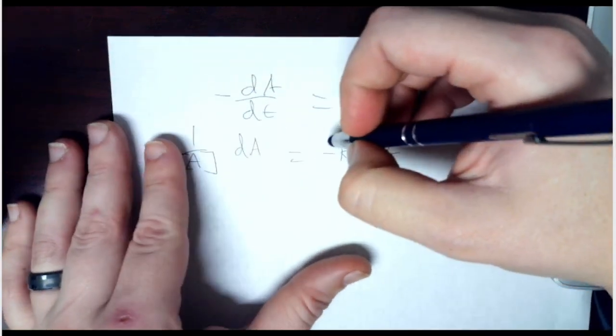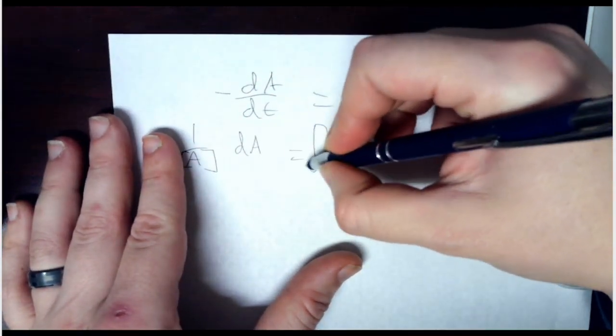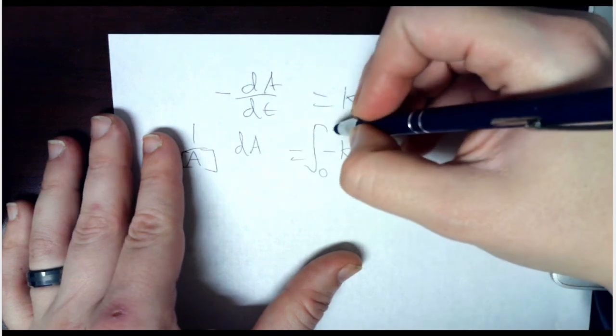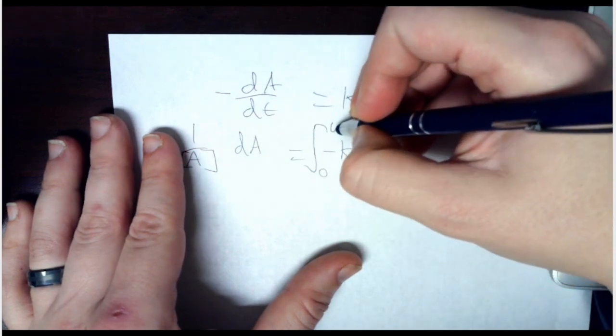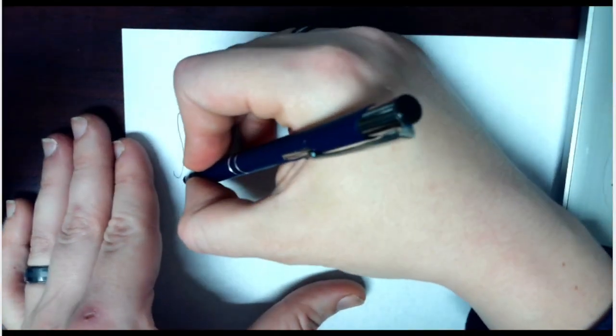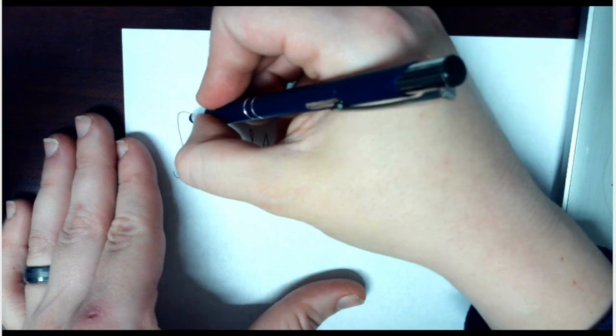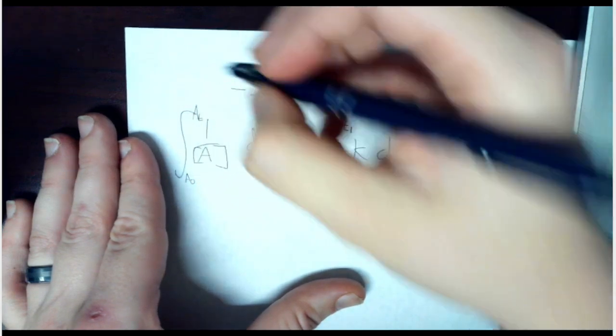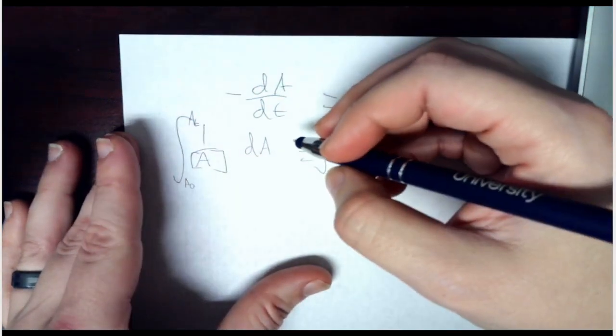We're going to integrate this from t equals 0 to t equals t1, and from the concentration at the 0 point to the concentration at a time t.